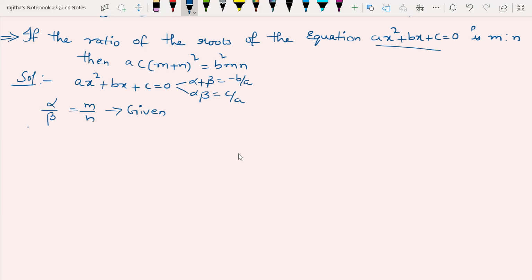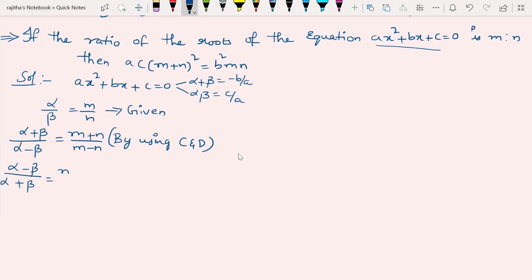So you know componendo and dividendo. Can I write (alpha plus beta) by (alpha minus beta) is equal to (m plus n) by (m minus n), by using componendo and dividendo. See, I'm taking the reciprocal of this: (alpha minus beta) by (alpha plus beta) is equal to (m minus n) by (m plus n).